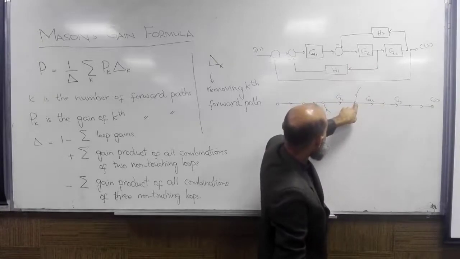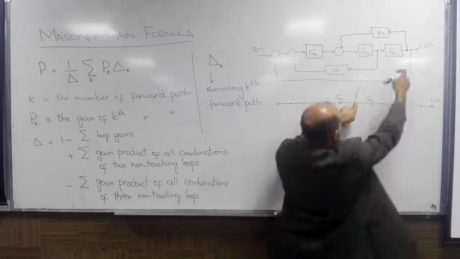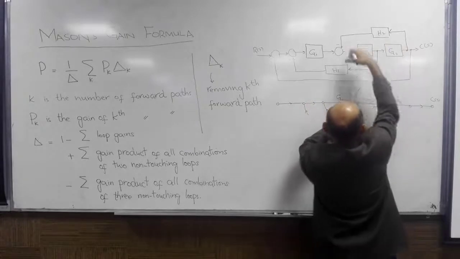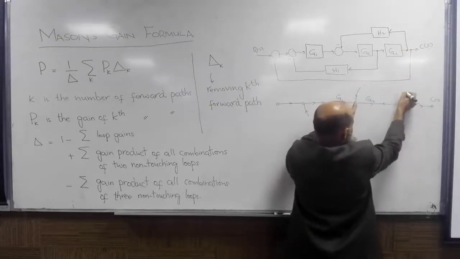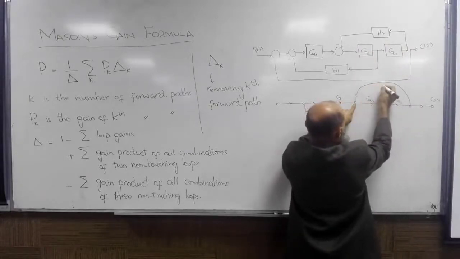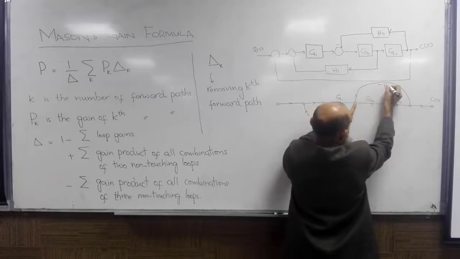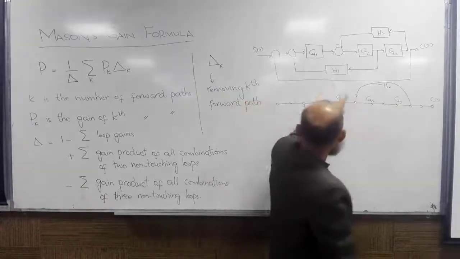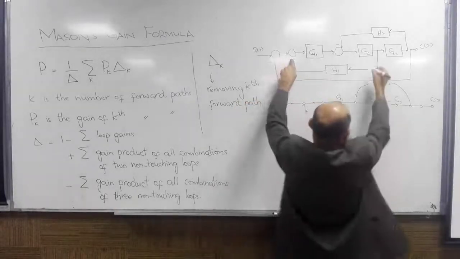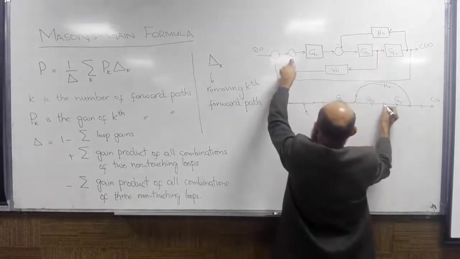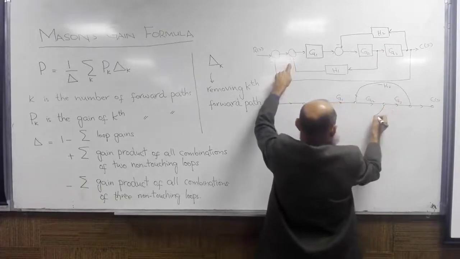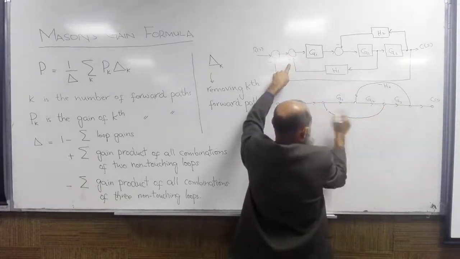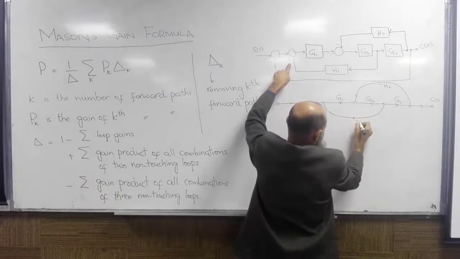What is this signal? C of S. Comes from here, multiplied by minus H2, right? And what is this signal? Comes from here, multiplied by plus H1.